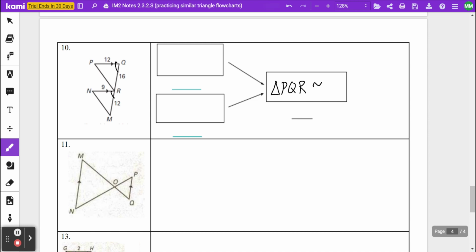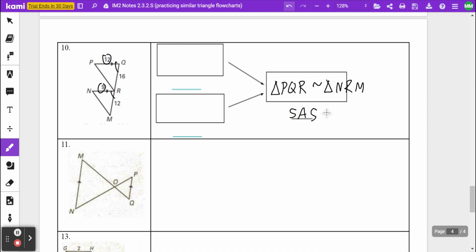I've got to have an angle between sides, so triangle PQR is similar to triangle NRM. And I know that's the order I need to go in because N to R is the smaller side pair that I'm trying to compare to P to Q, which is also the smaller of the two sides for each triangle. All right, this is going to be by side angle side.